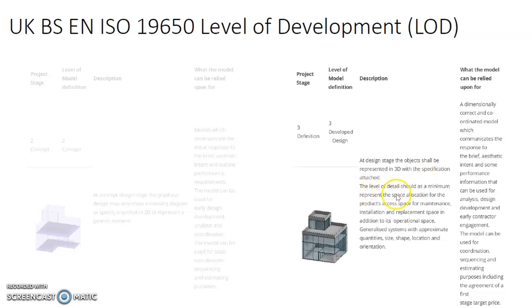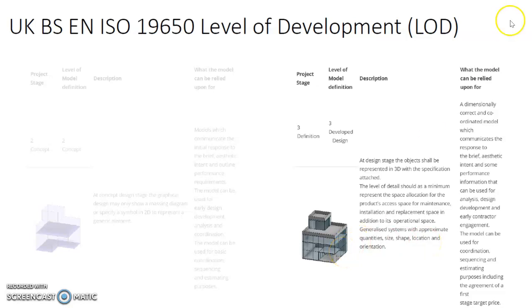The level of detail should, as a minimum, represent the space allocation for the products, access space for maintenance, installation, and replacement space in addition to its operational space. Generalized systems with approximate quantities, size, shape, location, and orientation. So now you will need to model the quantity, the size, the shape, and the location of your building elements if you like.